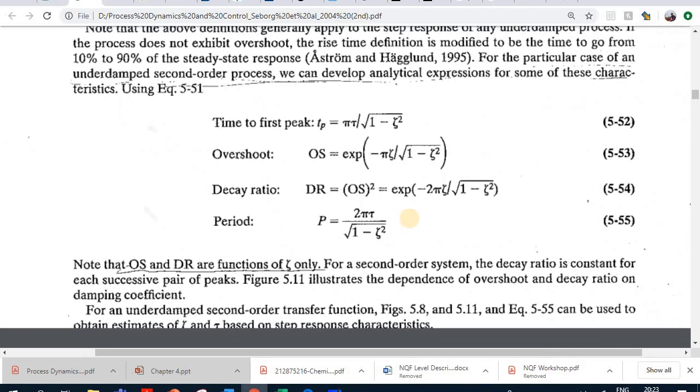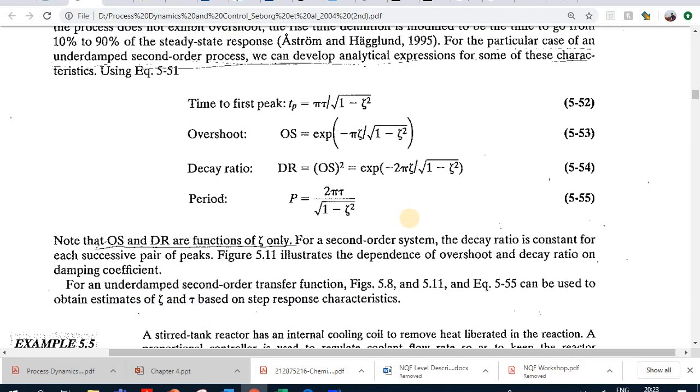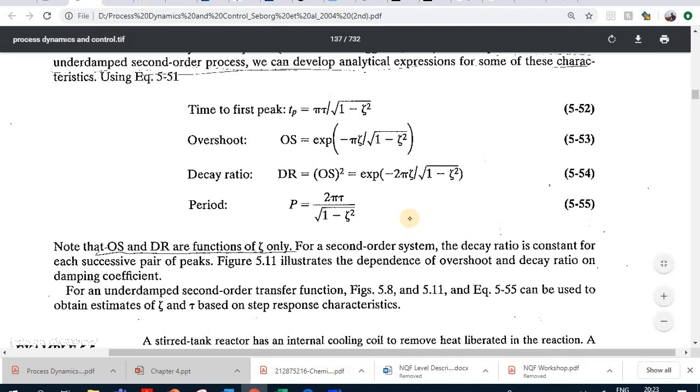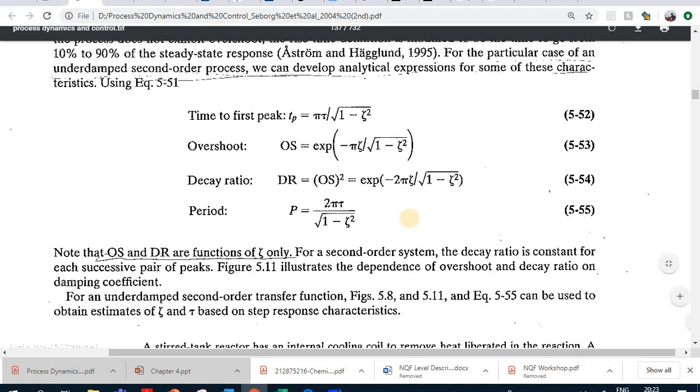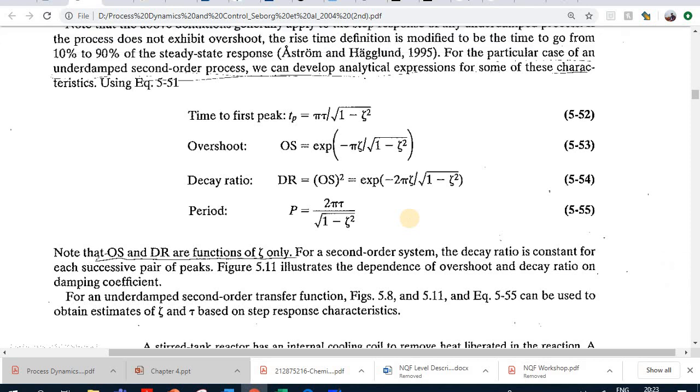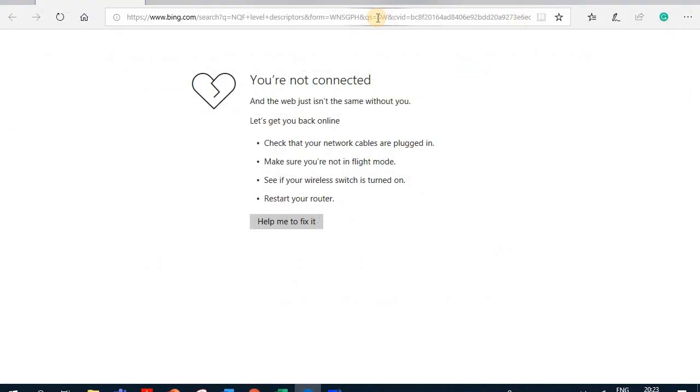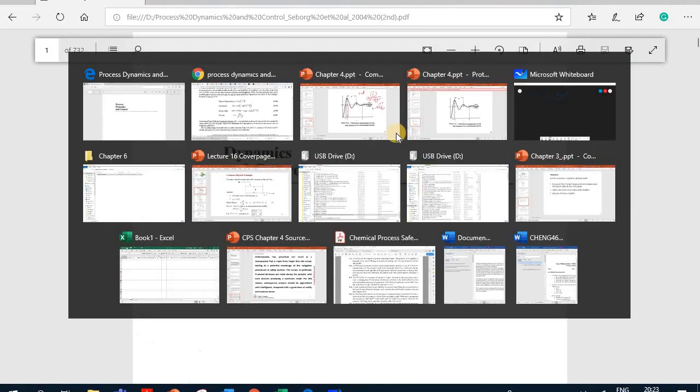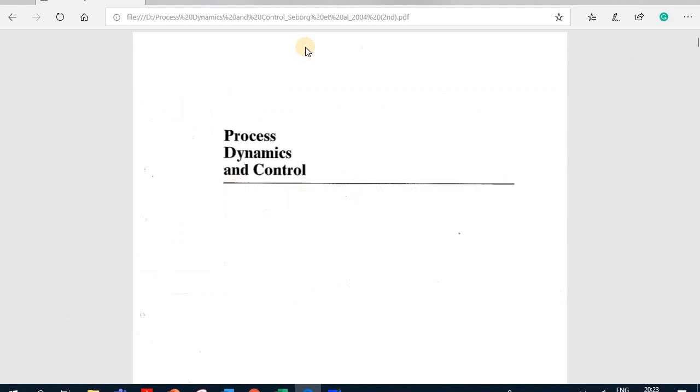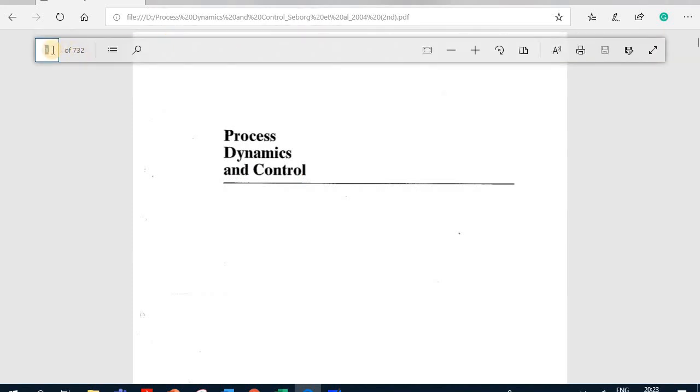And what we can see here in this table is that if you want to find the values of Xi and Tau, the first thing you need to do, let me take this, maybe this is easier. Let me test that. If this works, it will be helpful for us. So let's see, this is page 137. Okay, so please, I want 137.